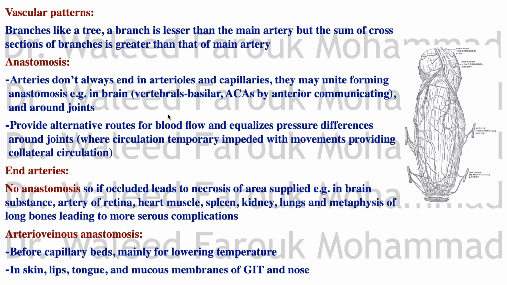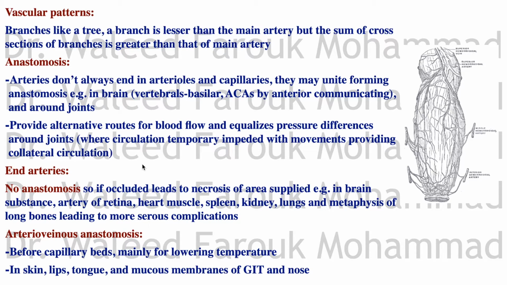Or in the brain, the circle of Willis between the vertebrobasilar system, the connection between the anterior cerebral arteries by the anterior communicating branch. The purpose of anastomosis is to provide alternative routes for blood flow and equalize pressure differences around joints. Why? Because circulation is temporarily impeded with movements, so it provides collateral circulation.